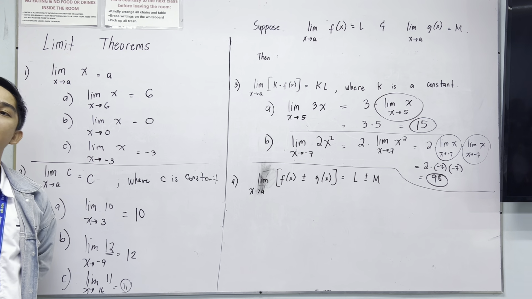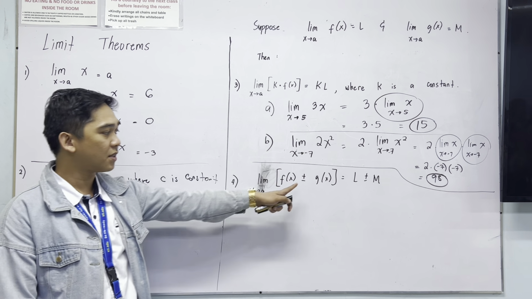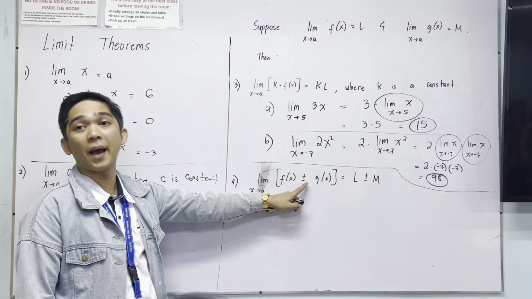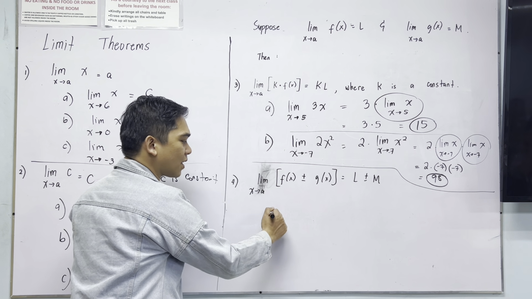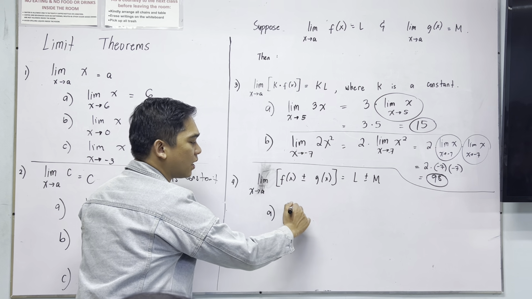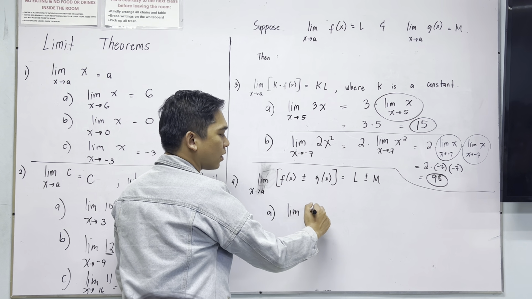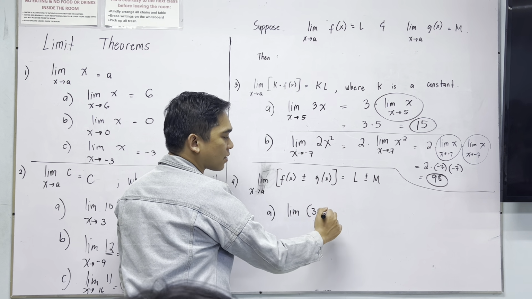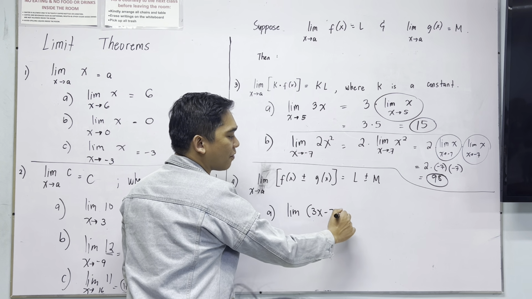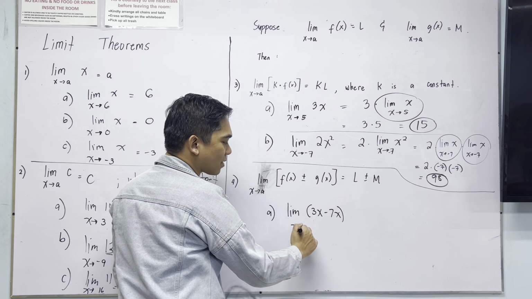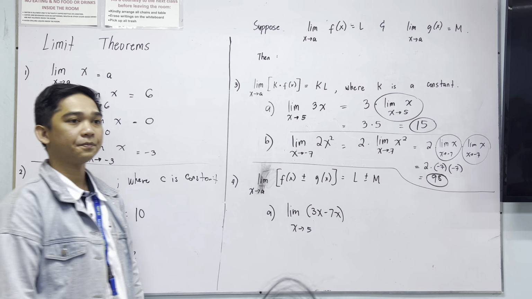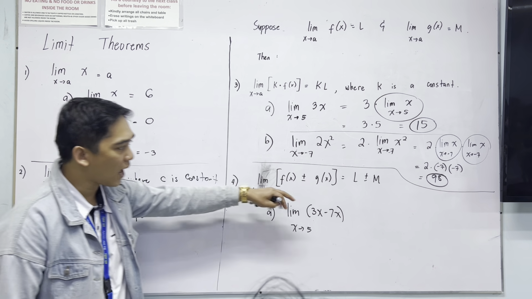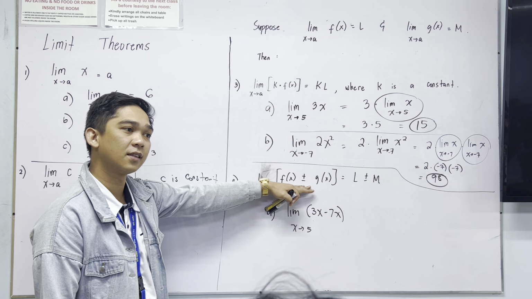Next, the sum and difference. Ibig sabihin sum and difference, it can be plus or minus. So, an alternative example, limit of 3x minus 7x as x approaches 5. So sabi niya, paghiwalayin daw muna natin.